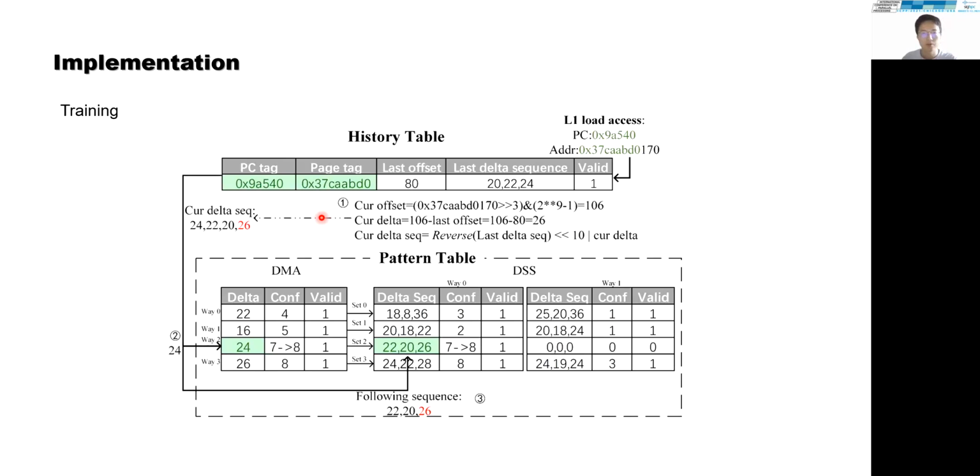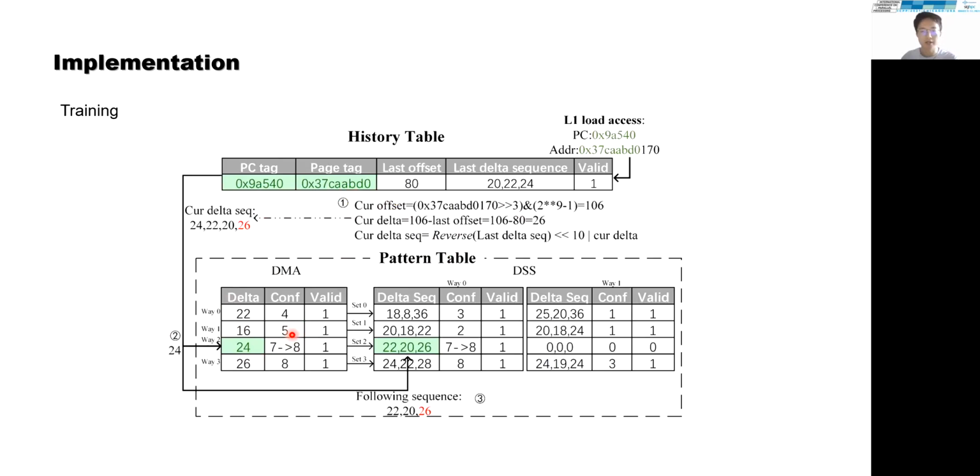In this section, we will show more elaborated examples. As illustrated, the training process is divided into 3 steps. First, the current delta sequence is assembled by these 3 operations. Second, the first delta 24 is the signature, which hits weight 2 of DMA.